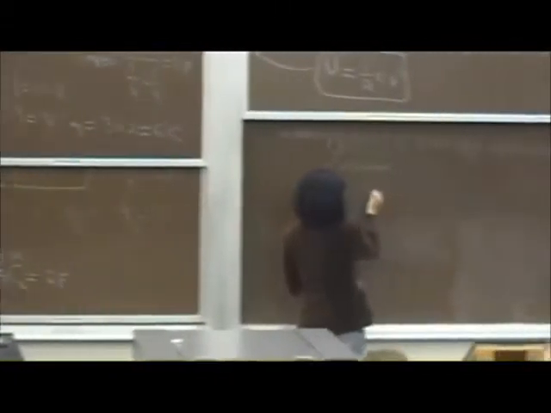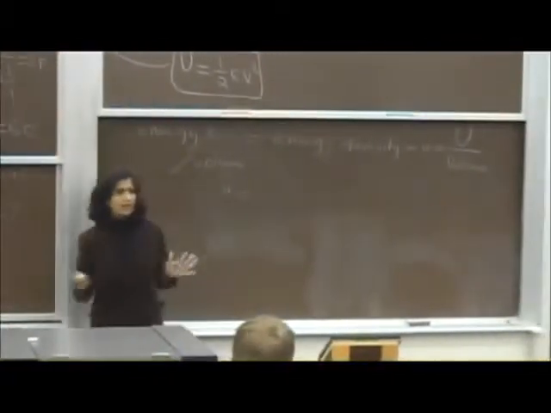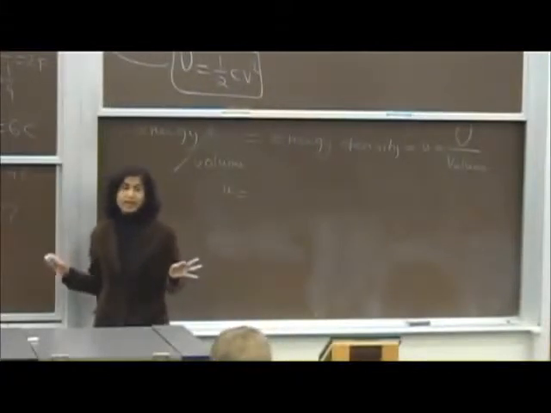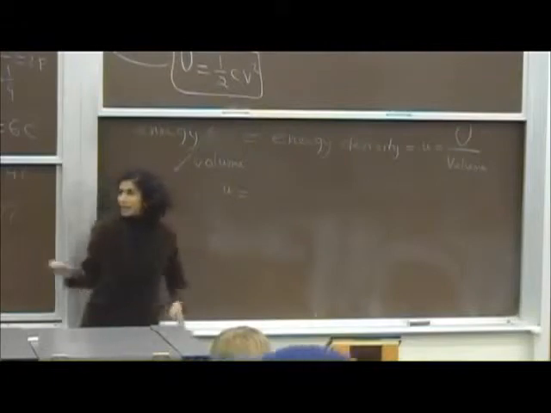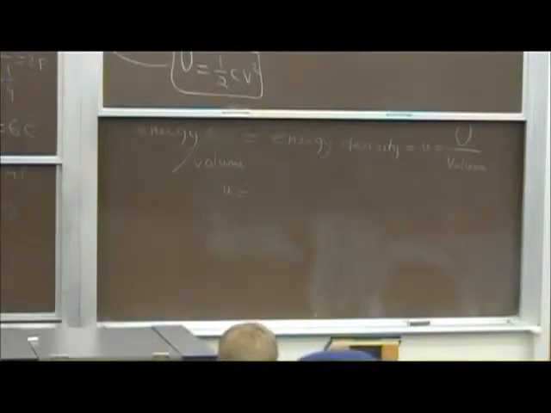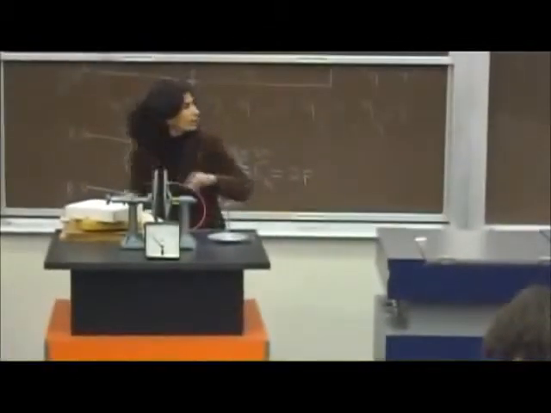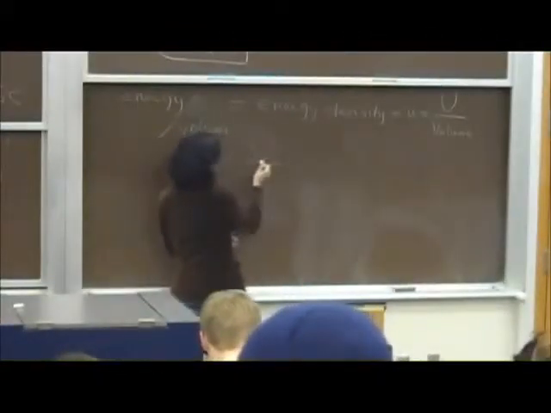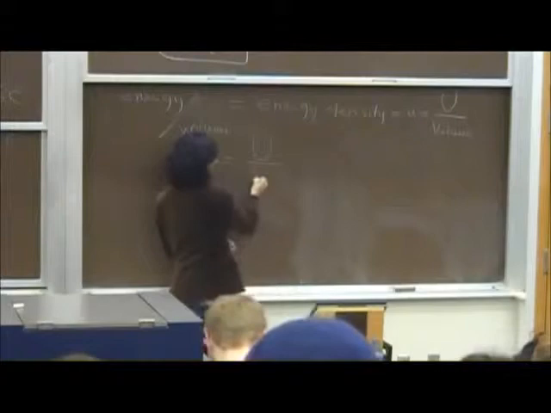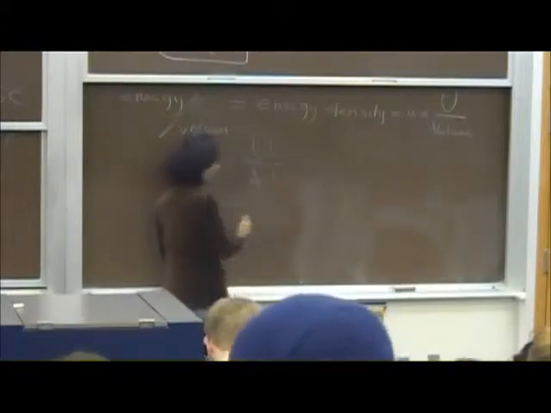Okay, so in order to do this, let's try for a case that you are very familiar with. Let's try to do it for a parallel plate capacitor. So for a parallel plate capacitor, we have U divided by volume, and volume will be the area of cross section times the distance between the 2 plates, wouldn't it?